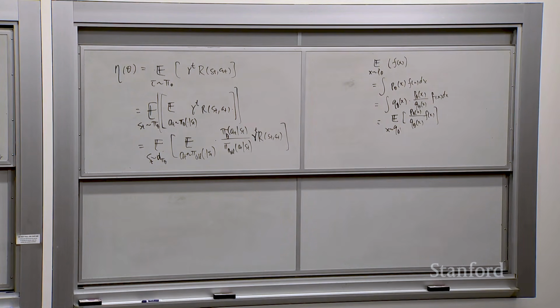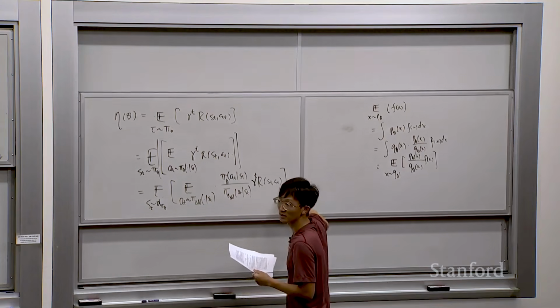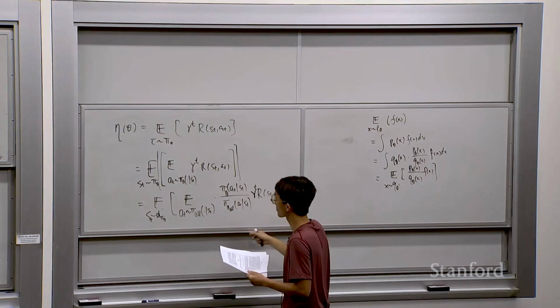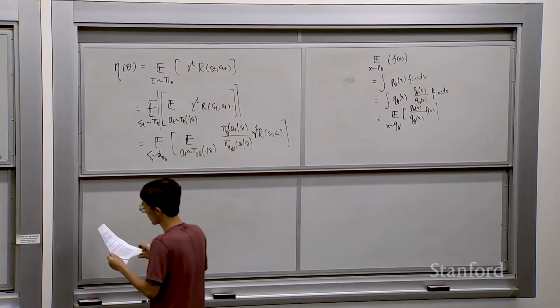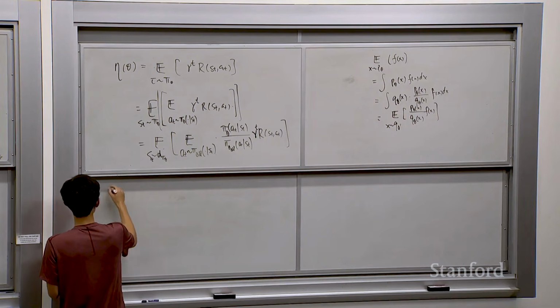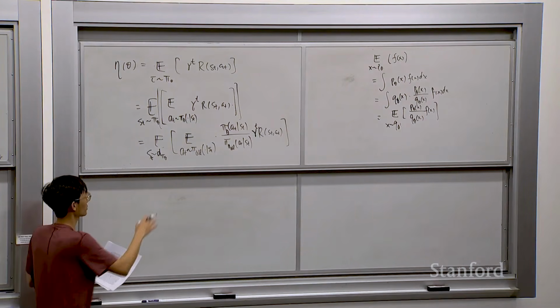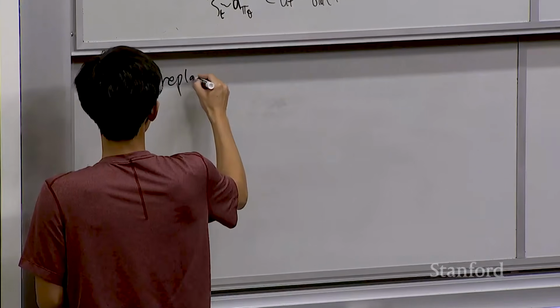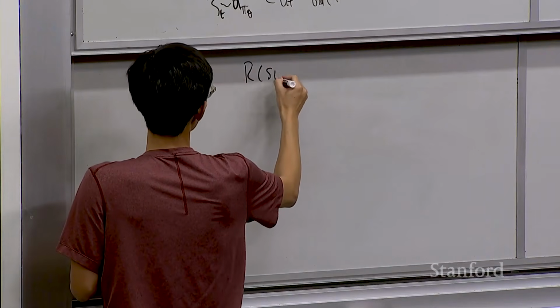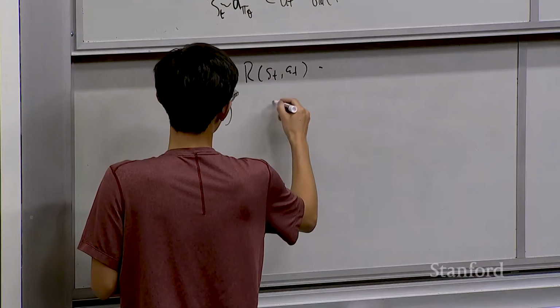I think what people often do is subtract the baseline here, so that you have an advantage function. With some hand wavy thing, you can subtract the baseline to replace the reward by some kind of advantage function.